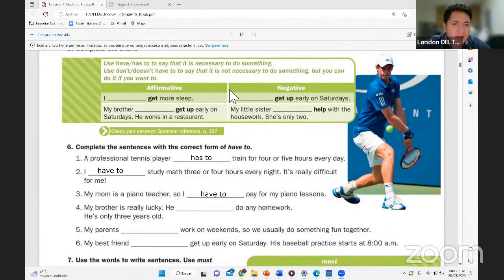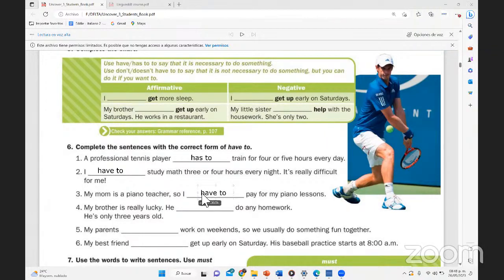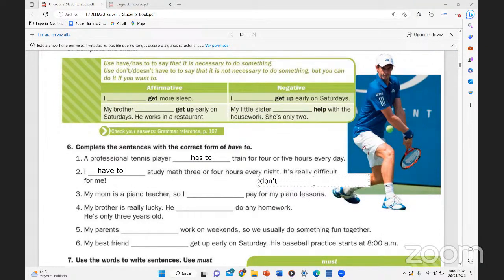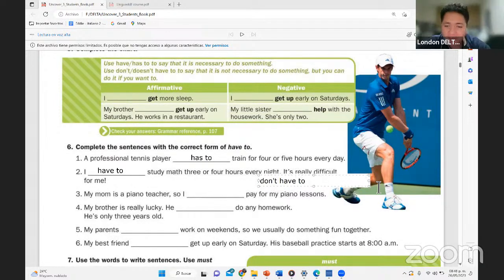Pero si ya la mamá de este chico es una profesora de piano, ¿crees que tenga que pagar? Ya. So probably, I don't have to. Very well, I don't have to. Exactly. Entonces dice, I don't have to pay for my piano lessons.